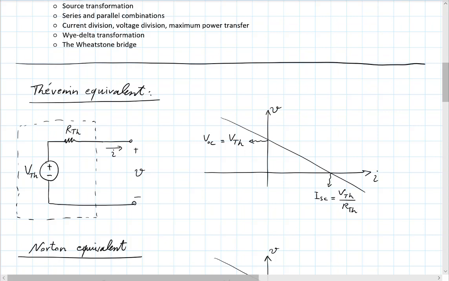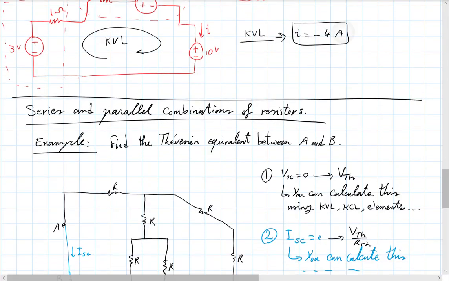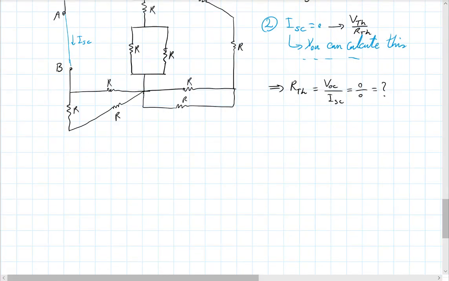Literally. So you need to find a point that is not the origin. So far you're here. On the characteristics, you have something like this. So this is both the open circuit voltage and short circuit current. But what's the slope? Well, I don't know. Let's find another point.